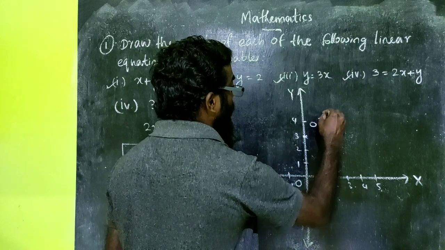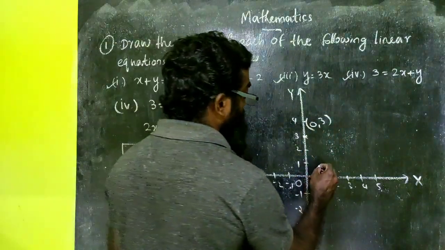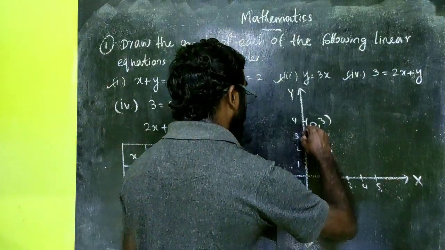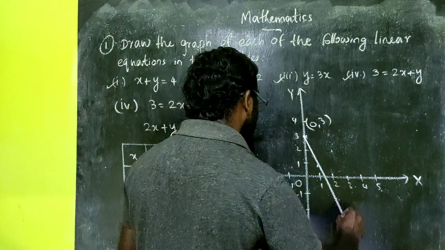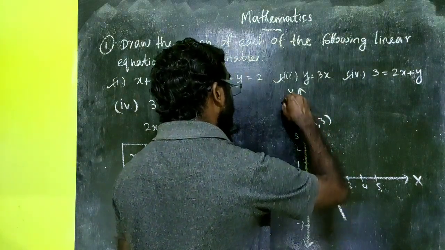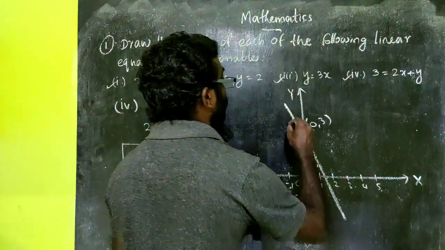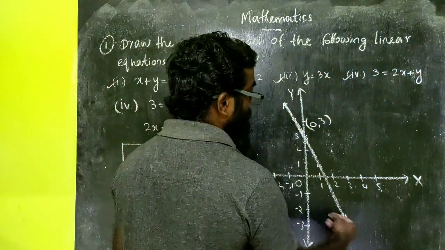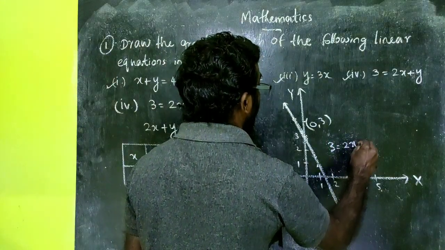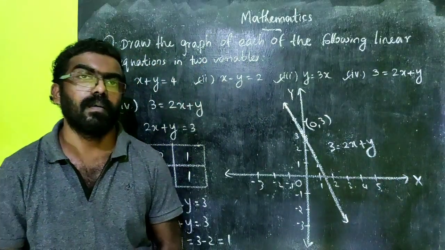Here it is (0, 3), and (1, 1). Now we can join these two points and extend the line. So this is the graph of 3 is equal to 2x plus y, or 2x plus y is equal to 3. Clear?